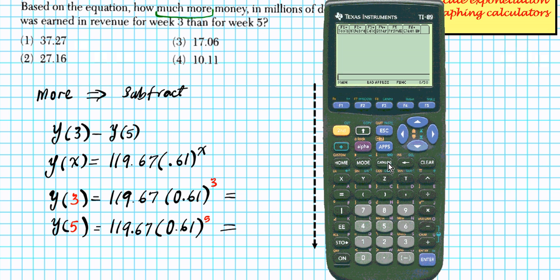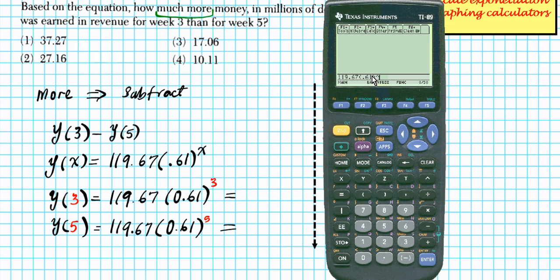I'm going to be using the TI-89 calculator to carry out these evaluations. So we have 119.67. The syntax is the same with other TI-80 series calculators. Just enter it like this, 0.61. Now, if you want to exponentiate, the caret button helps you gain access to the exponent field.